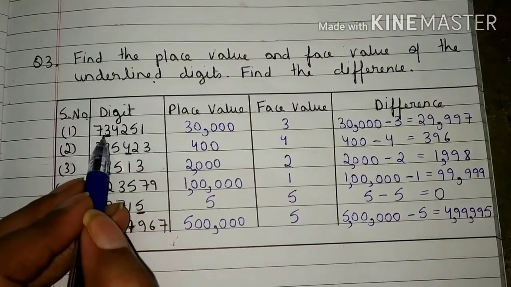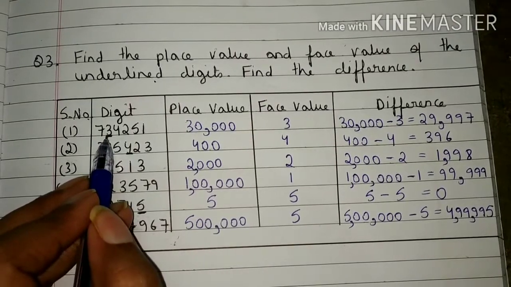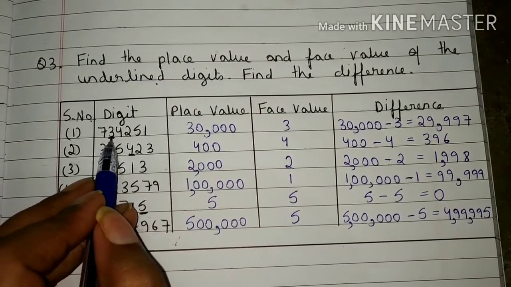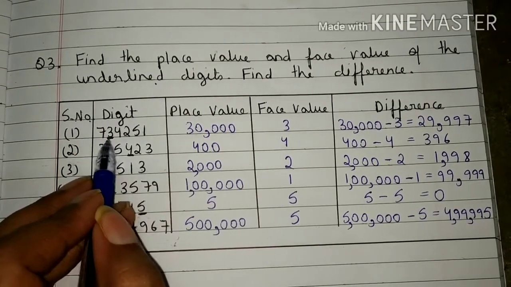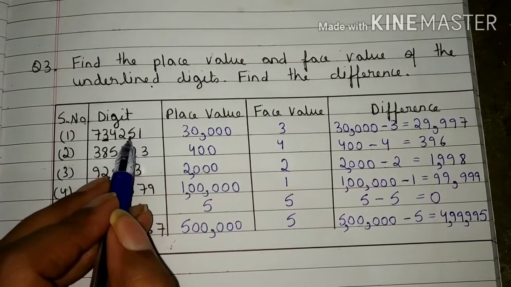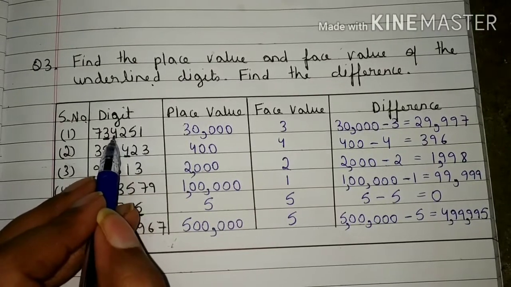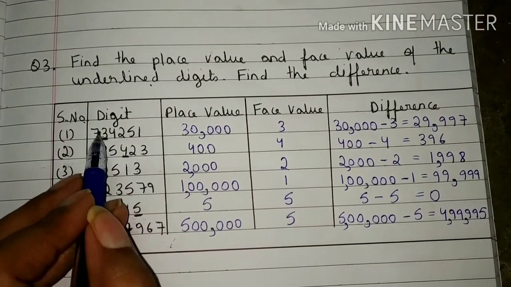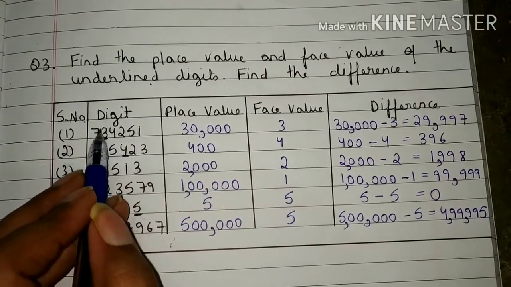Students, in this question underlined digit is 3. So you have to find the place value and face value of 3. Students, this is ones place, tens place, hundred place, thousands place, 10,000s place. Students, you can see that 3 is at 10,000s place.